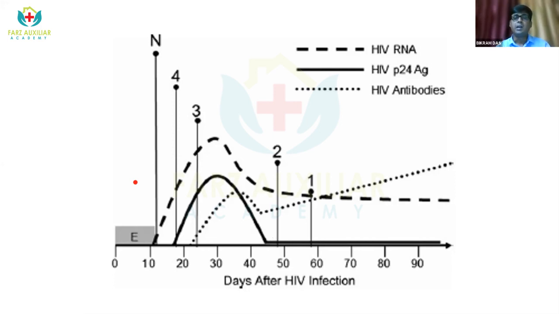And then after around 4 to 12 weeks, we get the HIV antibody responses. In this phase, if we test only for antibodies, we may miss these early phases.